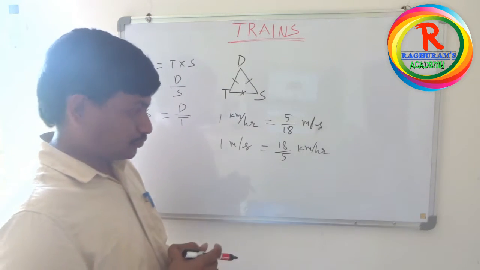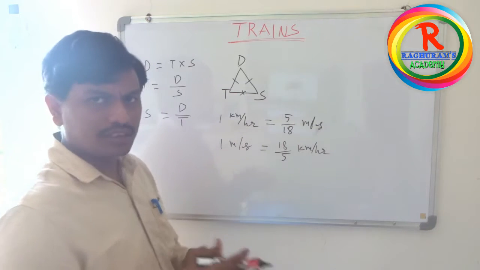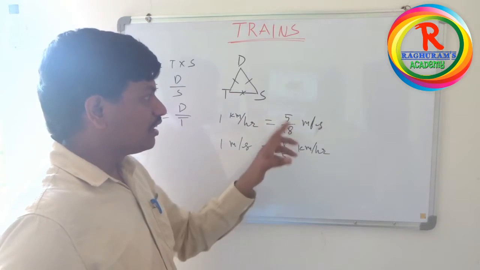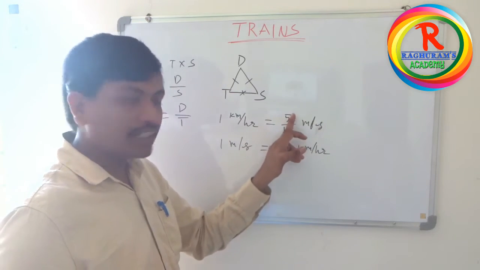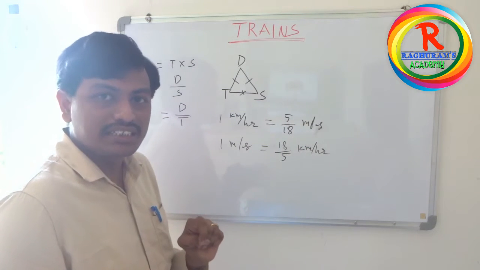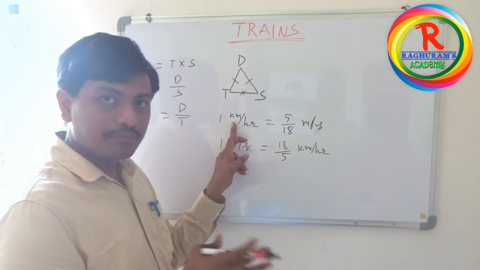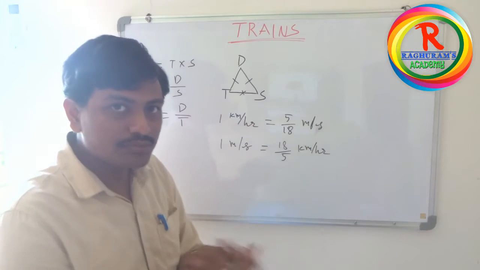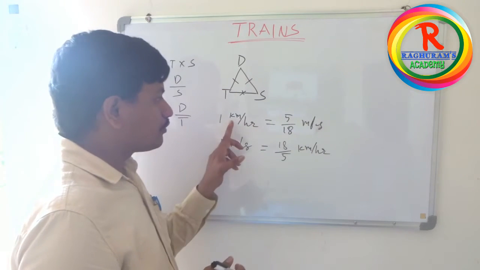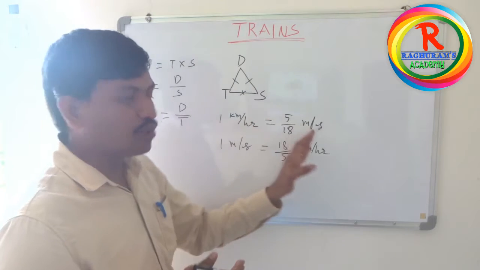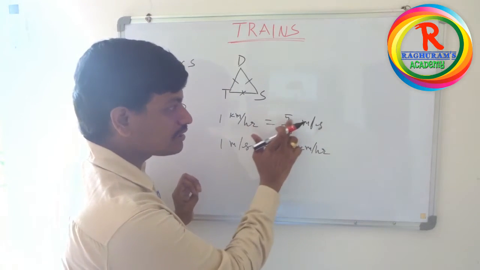And next, how to remember. Some people get confused whether in conversion to multiply by 5 by 18 or 18 by 5. Very easy. Kilometer is a bigger thing and meter is a smaller thing. So we want to convert a bigger thing to a smaller one, so the numerator is smaller.